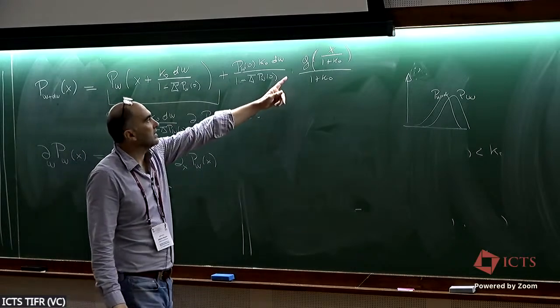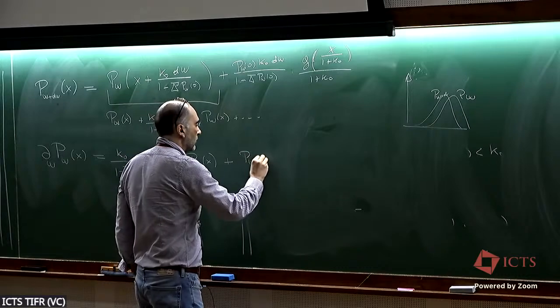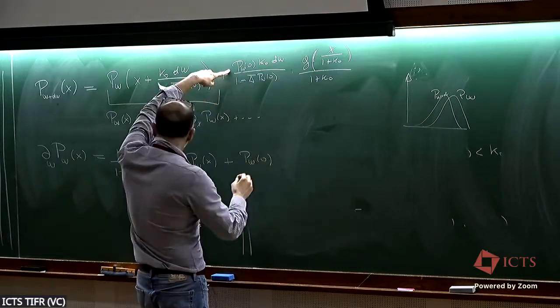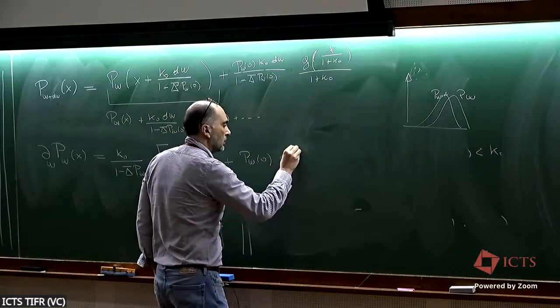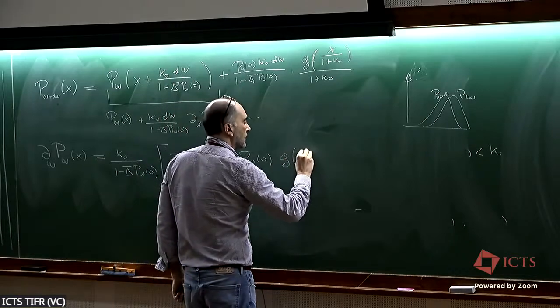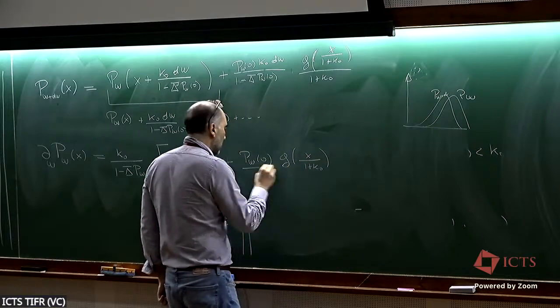And we have what is left here, which is PW0, this term. This is already gone. And then we have G of X divided by 1 plus K0. And here we can put 1 plus.